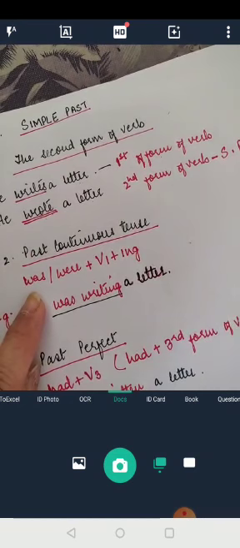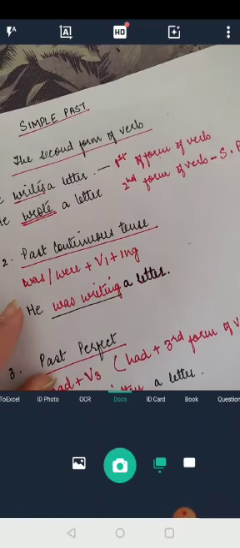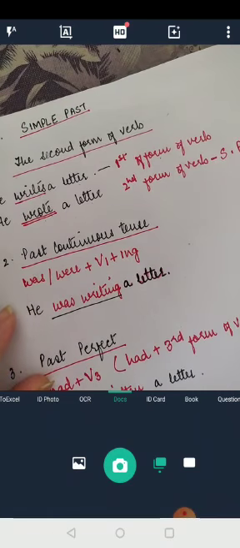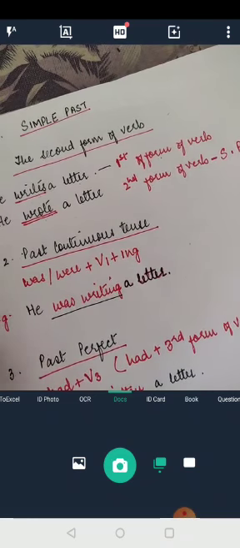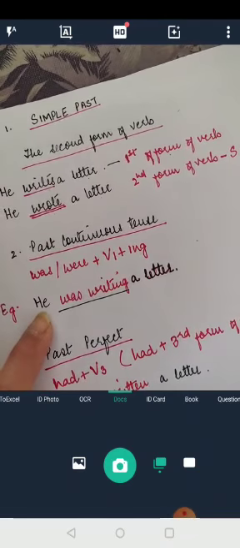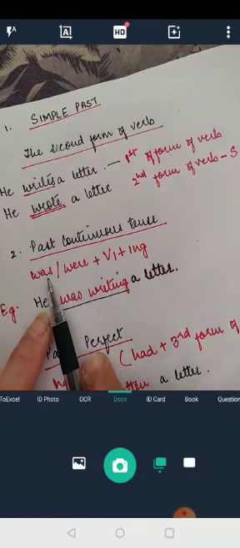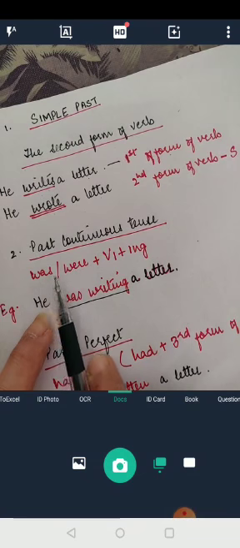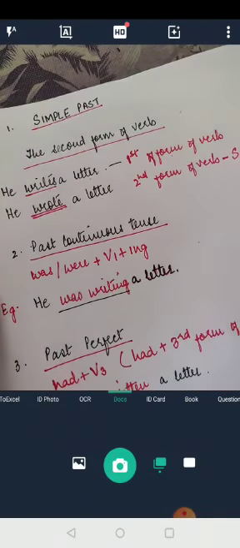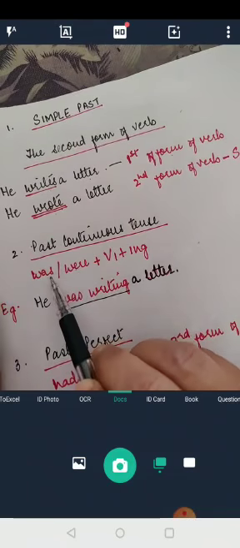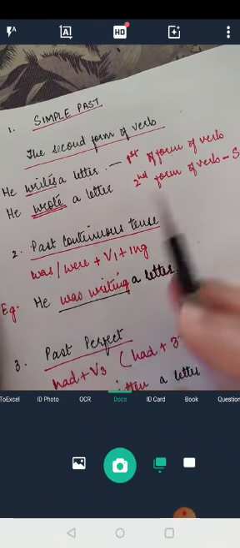Past continuous is again in continuation, so it is the action which was going on in the past. We use was for singular, for a single person, and if there are more people, then we use were. So more than one we use were, and for single we use was.